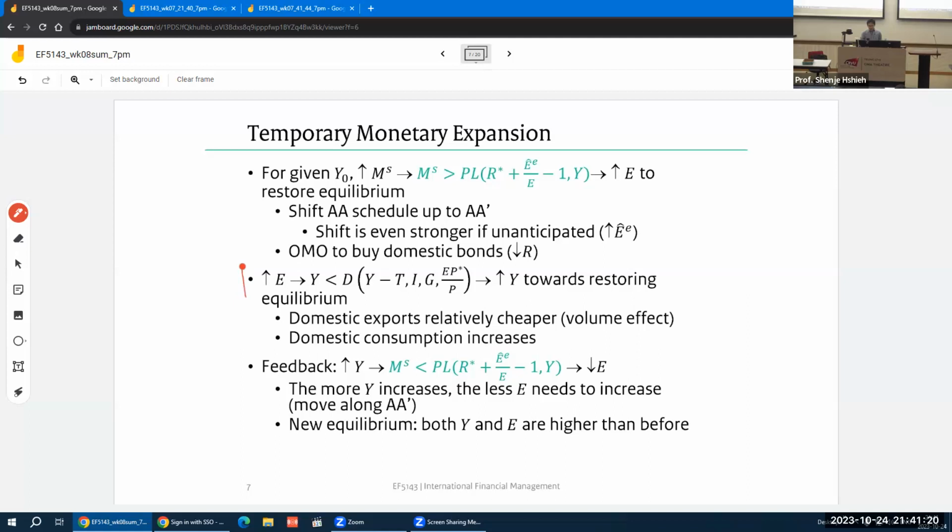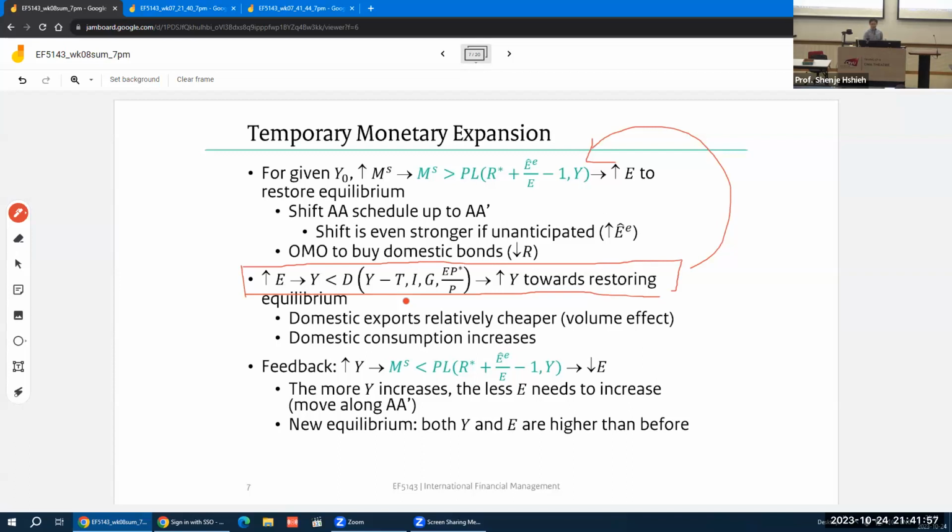So as we increase E as a result of the increase in MS, that feeds into the DD schedule, which increases Q, and therefore Y has to increase as a result, which again feeds back into here. And this keeps going over and over until all markets clear, meaning that producers don't want to produce anymore, demand is satisfied, investors don't want to conduct carry trade, and money supply equals money demand.